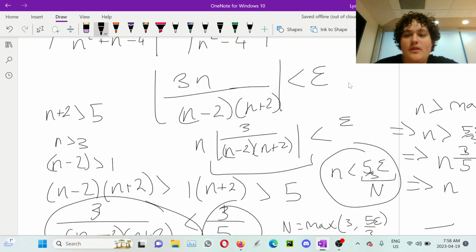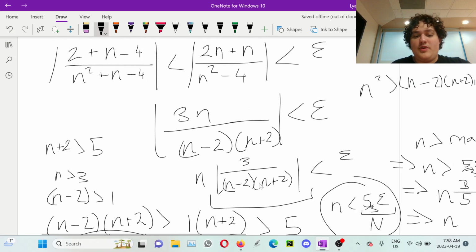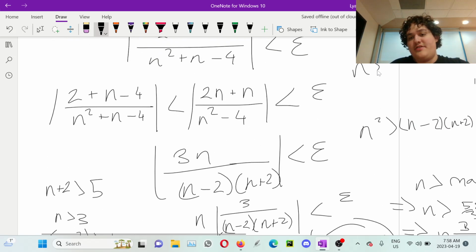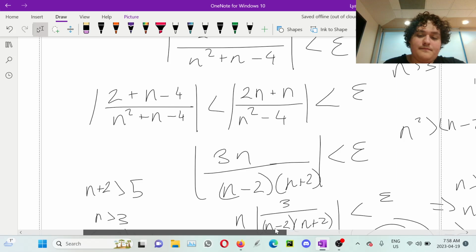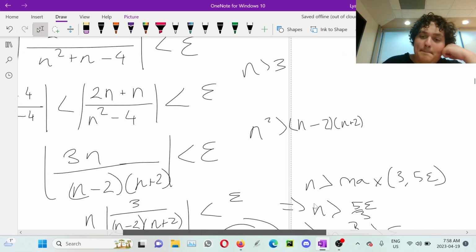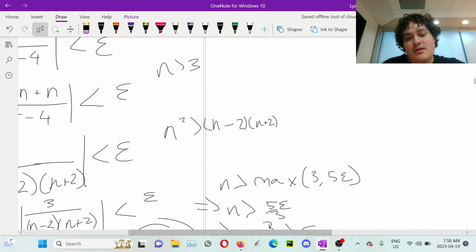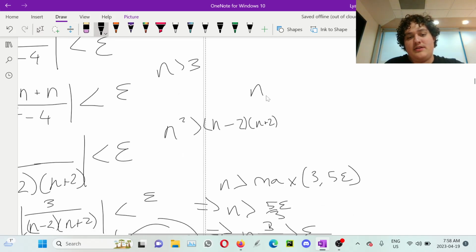We actually know that n squared is more than n minus 2 times n plus 2 for when n is greater than 3, right? I could try and prove it, I guess. So that we have n squared is bigger than n squared minus 4.